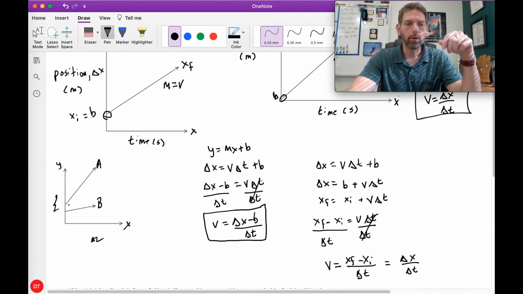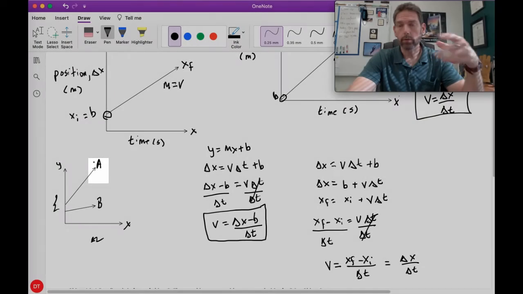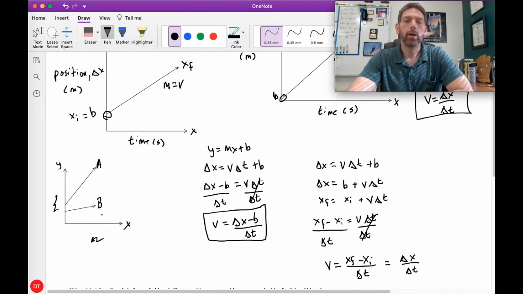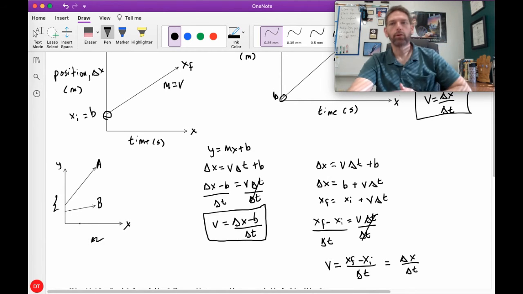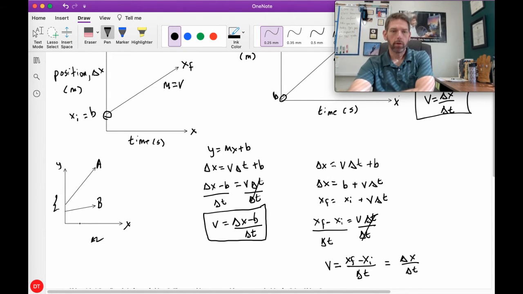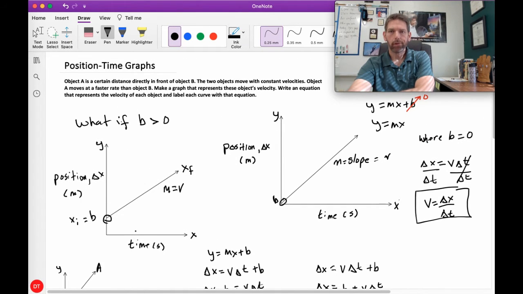Then remember that we want to define our initial and final, so we would mark our initial and final positions, our x final, x initial, and our change in time. All that needs to be done appropriately. I just have less room here, which is why I'm not marking it, but you know to go ahead and mark that. Fairly easy. It's pretty straightforward, right?